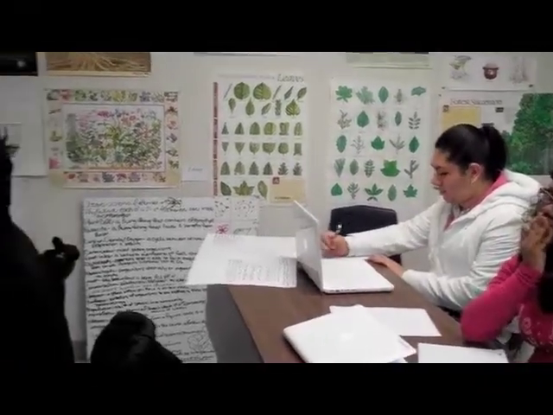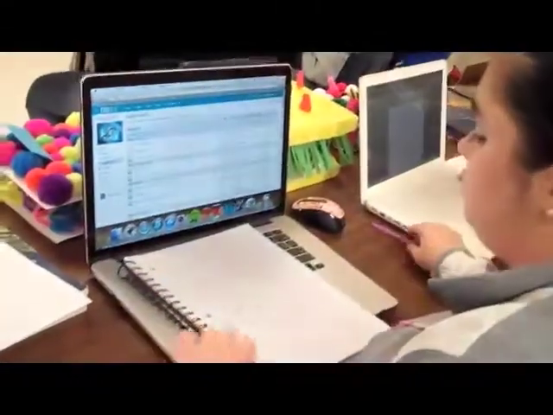D and T. And what would the dominant look like? The dominant would be a capital D and T. Good. Everybody draw a little Punnett square.